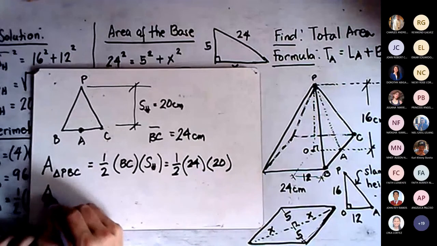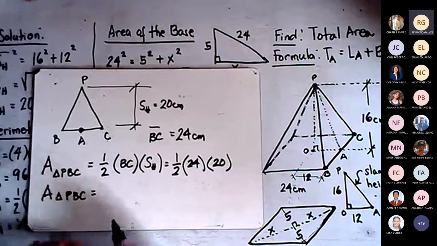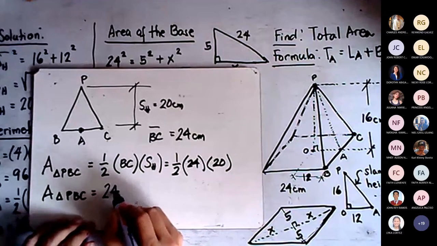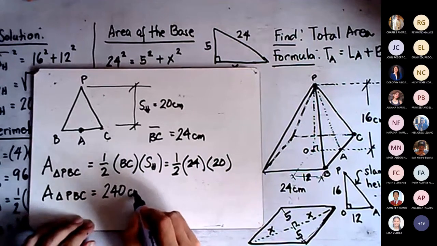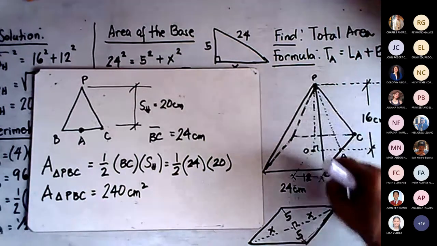Will you please calculate for this? 240 square centimeter. So 1/2 times 24 times 20, you have 240. You can use that to determine the lateral area.